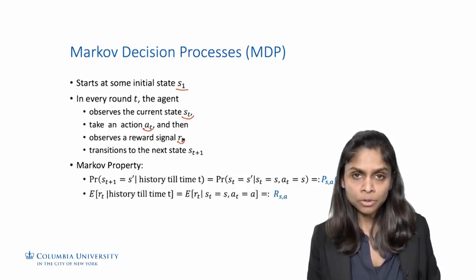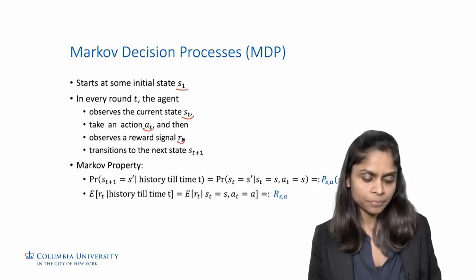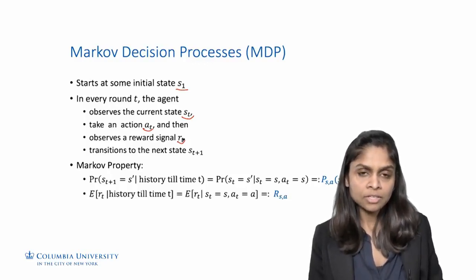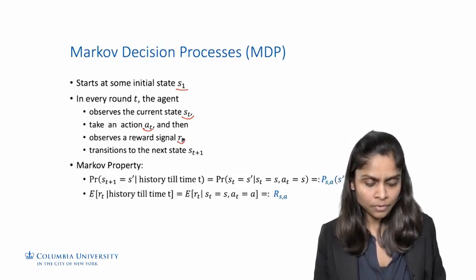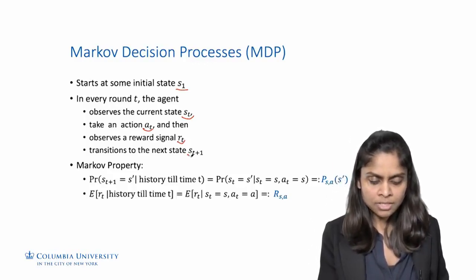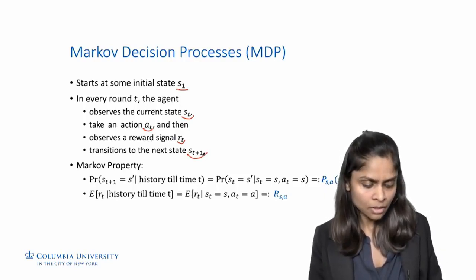This reward depends both on the state of the agent and the action taken, and tells the agent whether the action taken was a good action to take in the current state or not. Finally, the process transitions to the next state, which we call St+1.